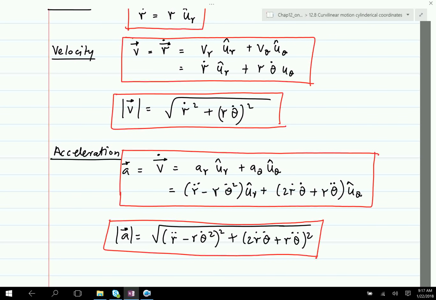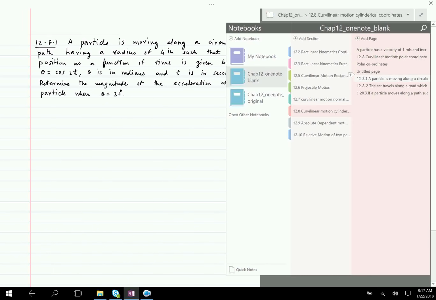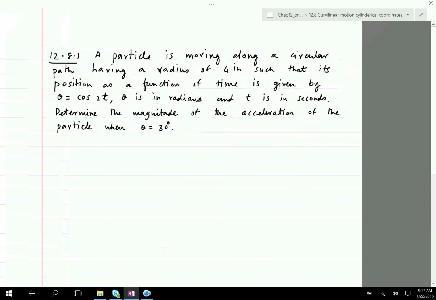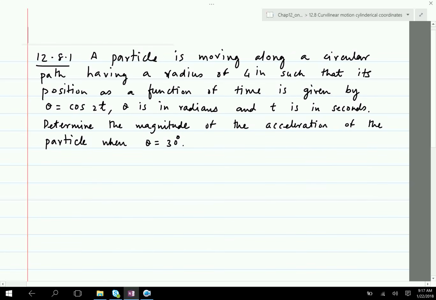So let's just try to use all these things in a few problems. First question is this. A particle is moving along a circular path having a radius of 4 inch such that its position as a function of time is given by theta equals cosine of 2t, where theta is in radians and t is in seconds.